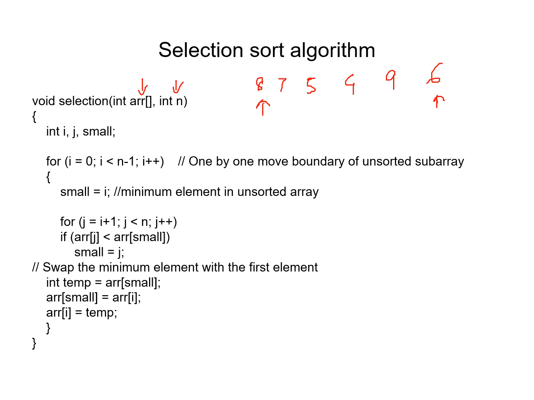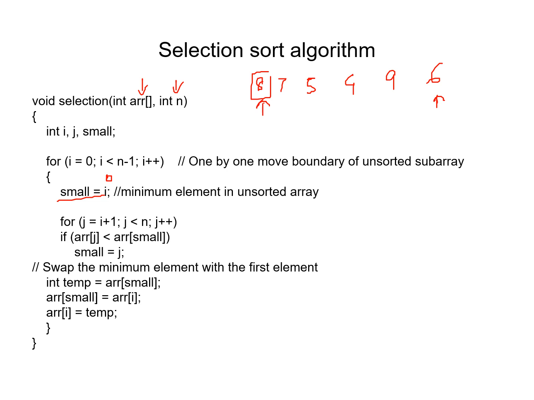Now in small, I'm just keeping the ith element, so I is in small. Here I'm keeping 0 in small. Now j: if I keep 0 in I, I'll compare this element with all the remaining elements.